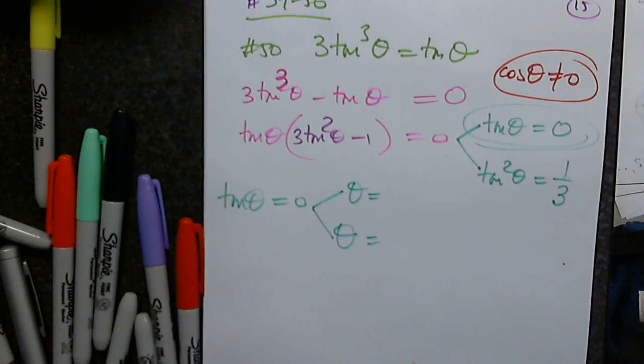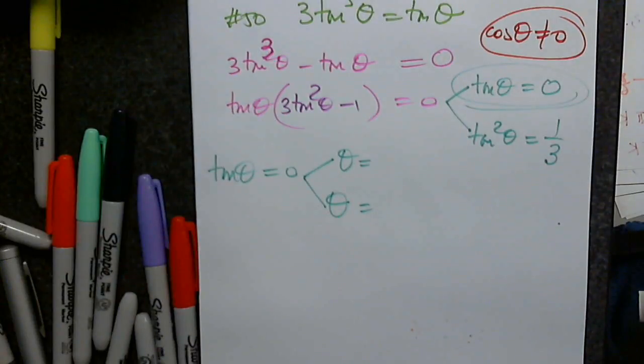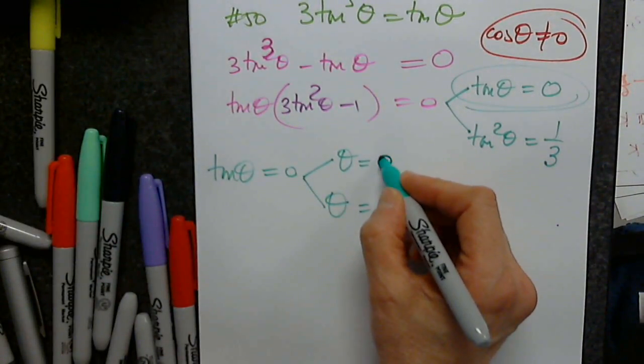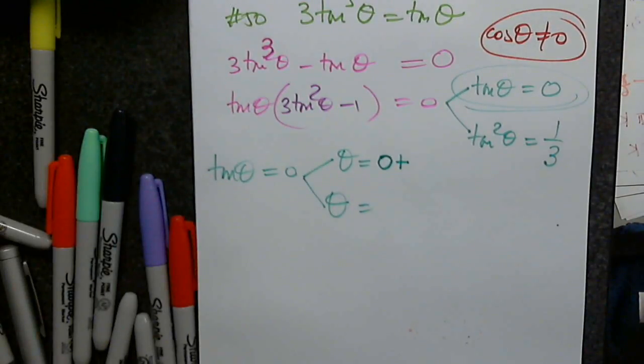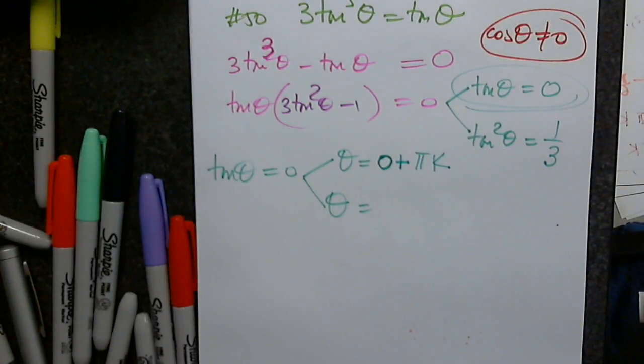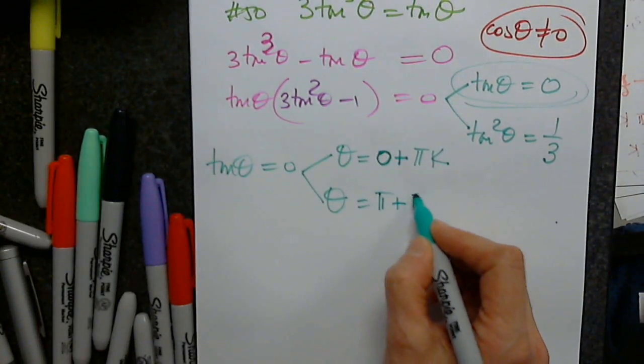For tangent equals 0, there are two options for theta. Theta to be 0 plus, what's the period for tangent? Careful now. Pi. Yes, so it's pi k. And theta is the other one, which is plus, good.